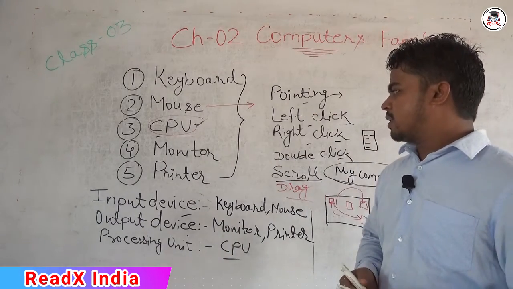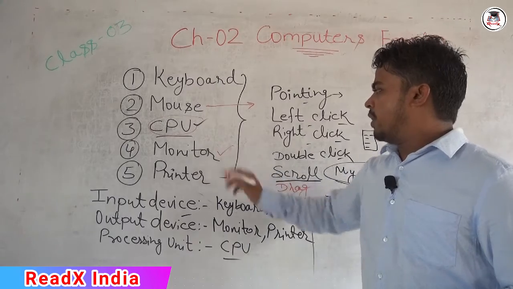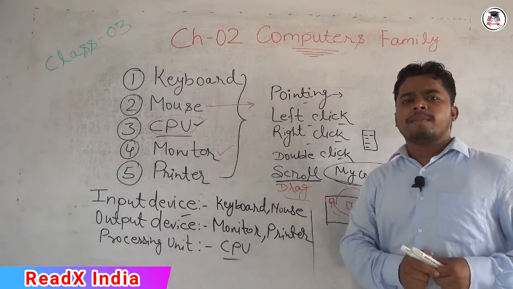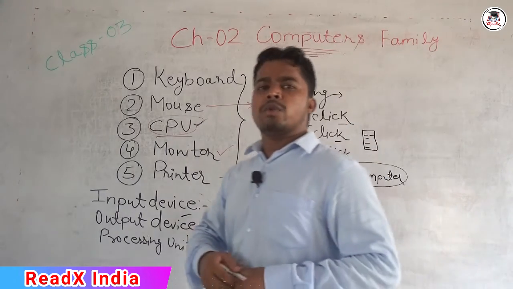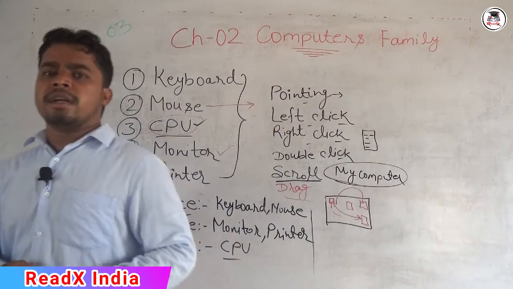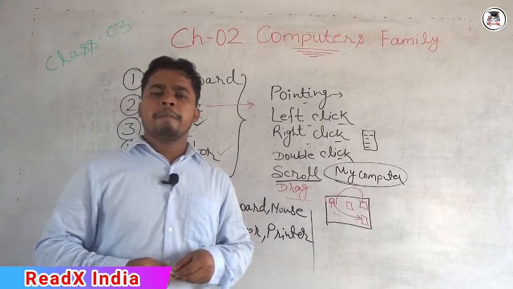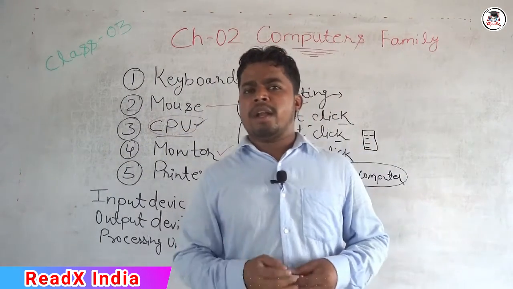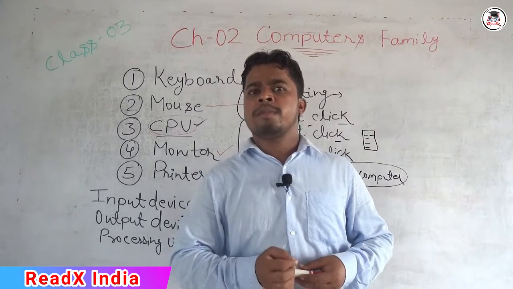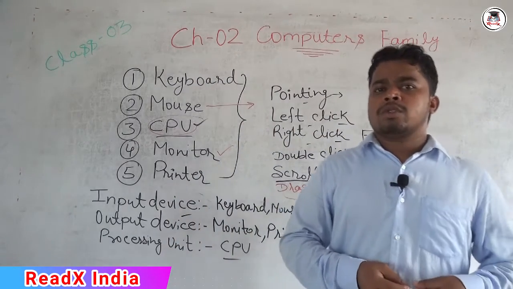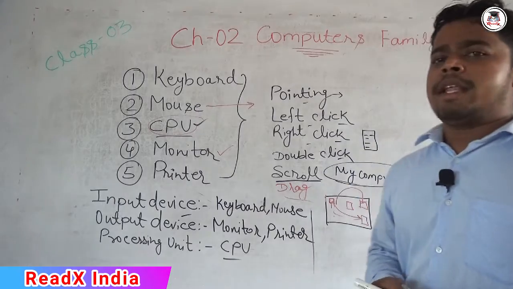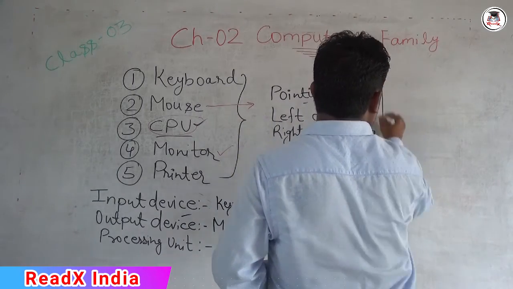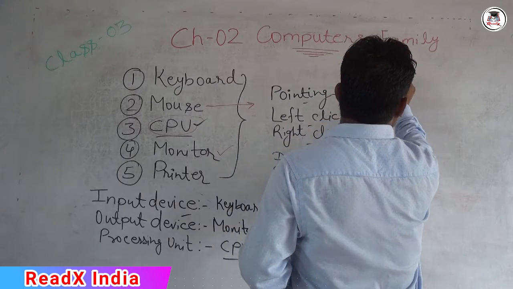Okay, the next thing is the monitor. The monitor is an output device which looks similar to a television, a TV, and it displays the final result processed by the CPU. If we talk about the monitor, it is of three types.